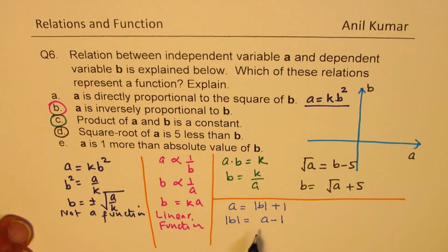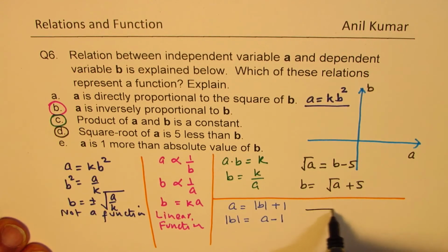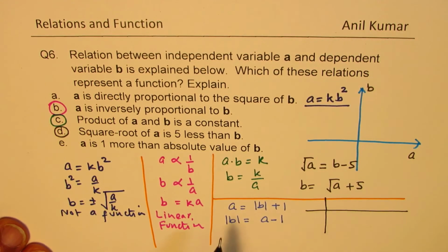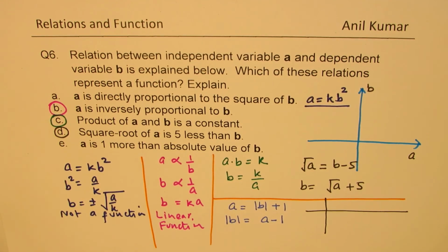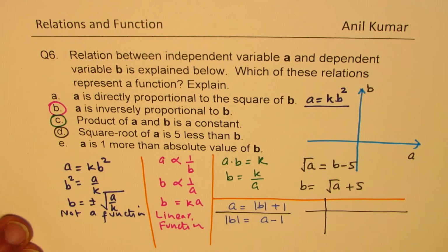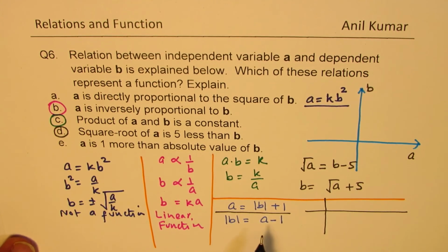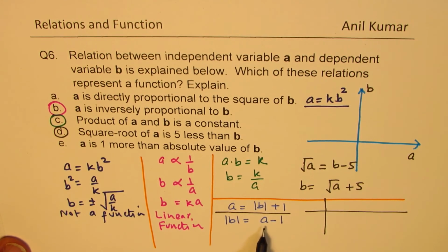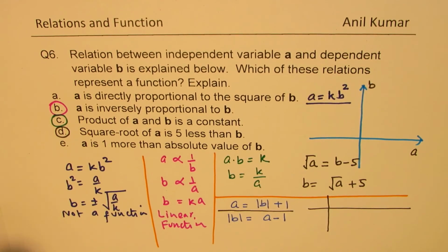You can have different values of A, and you will notice that for a value of A, we may get two different values of B.